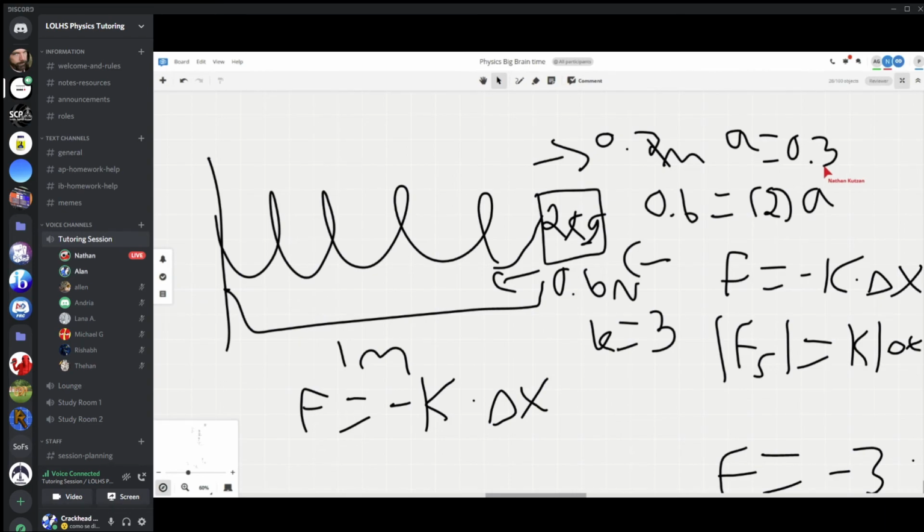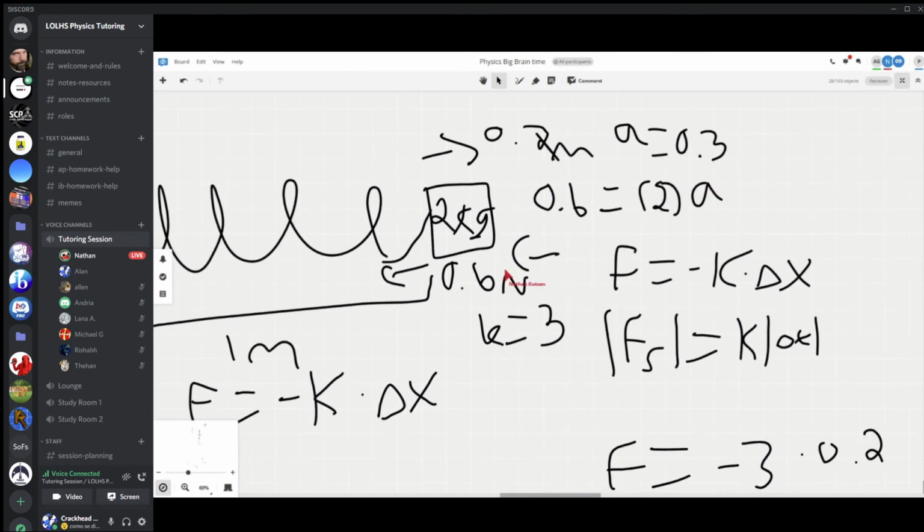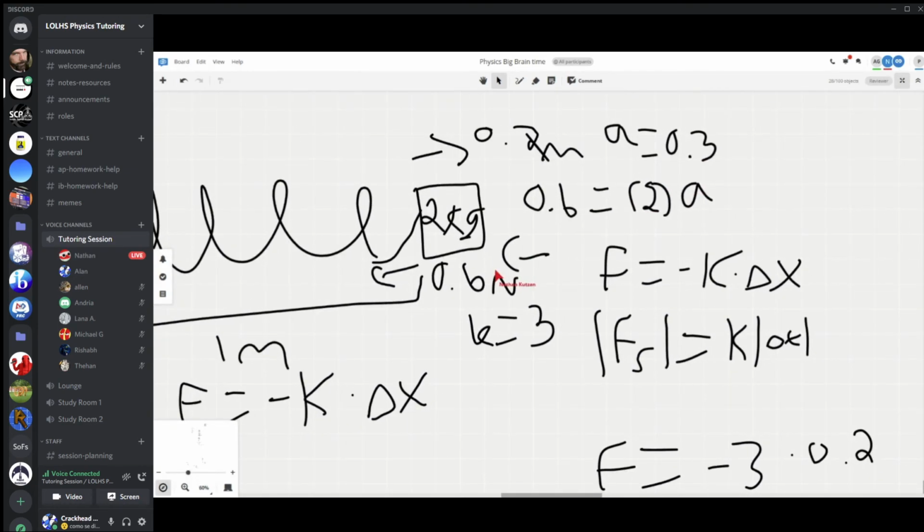If you were to draw out the units and do dimensional analysis on that one, you would see all the units work out. Or you could just trust. So the instantaneous acceleration, as soon as I let go of the spring, is going to be 0.3 meters per second squared. Any questions about that?